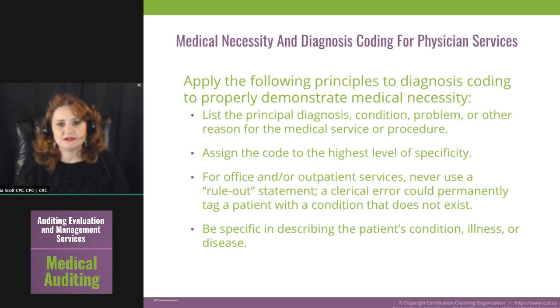Never use rule out statements when we're working, because that is not the type of diagnosis that we want to see for either office or outpatient services. You can't code off of a rule out. So what are we ruling out? Diabetes?